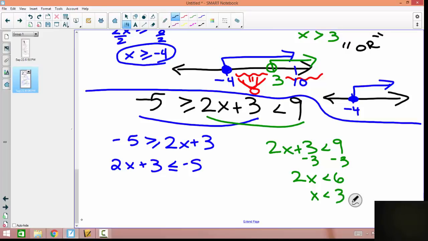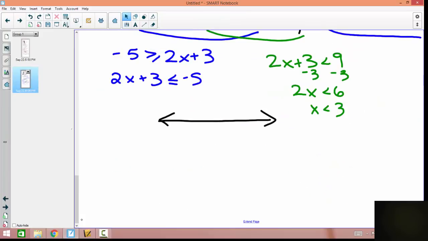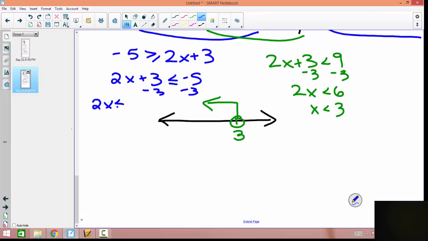On the number line, you're going to go to 3, put an open circle with an arrow to the left. And the blue, you're going to subtract 3 and then divide by 2. So x is less than or equal to -4. At -4, you put a closed circle with an arrow to the left.